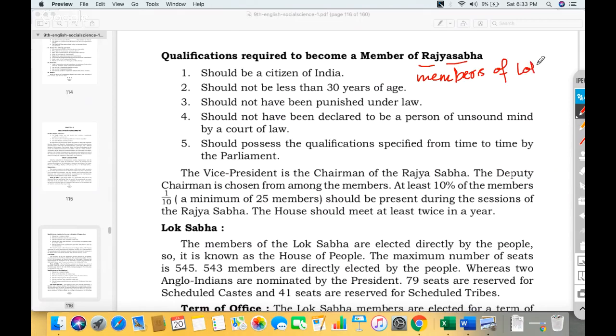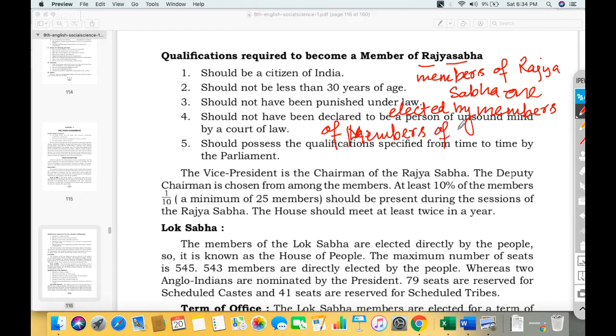Members of Rajya Sabha are elected by members of the Legislative Assembly of the states.